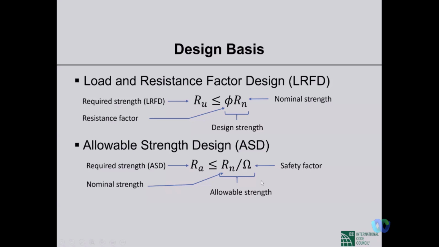So in terms of the calculation steps, there is not much difference between LRFD and ASD now. So basically we have to calculate the nominal strength. But previously in working stress design method, the capacity that was calculated was a working stress capacity.